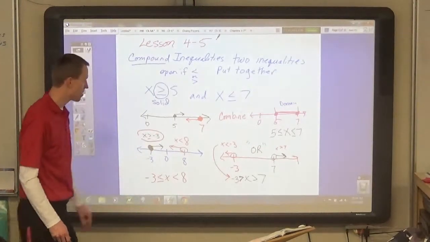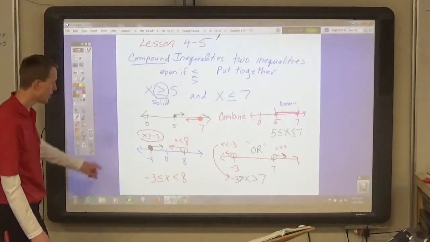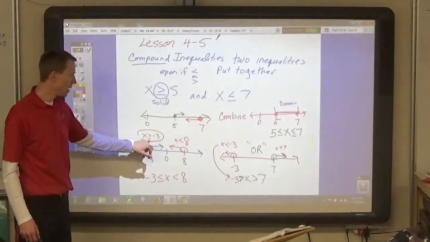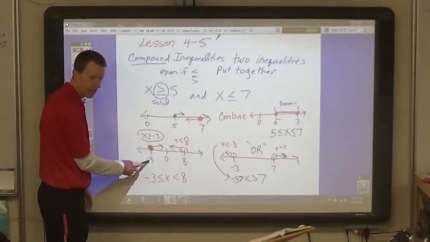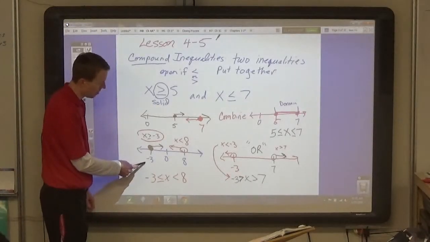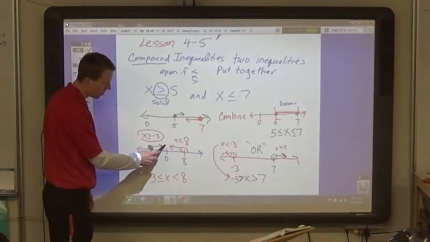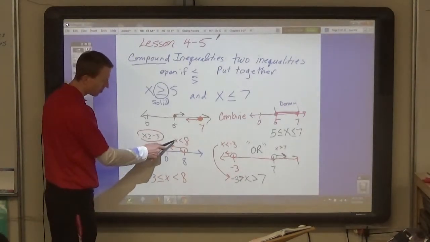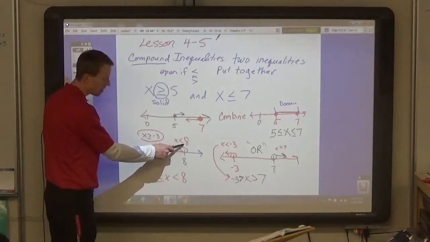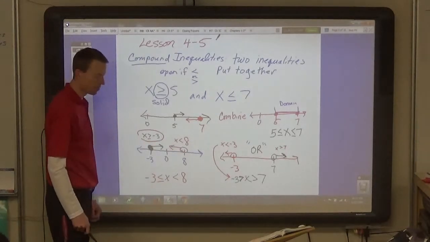Let's combine these. X is greater than or equal to -3. So you would mark -3 on the number line and shade x to the right. And x is less than 8.